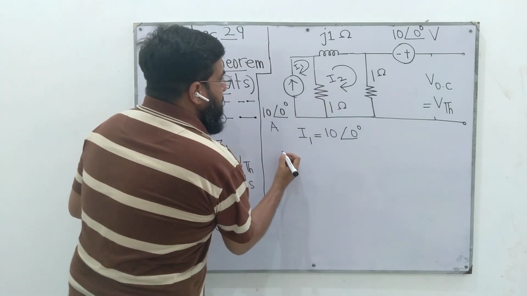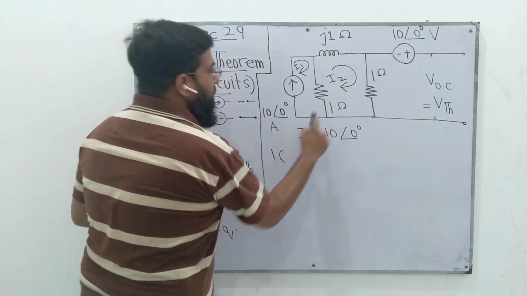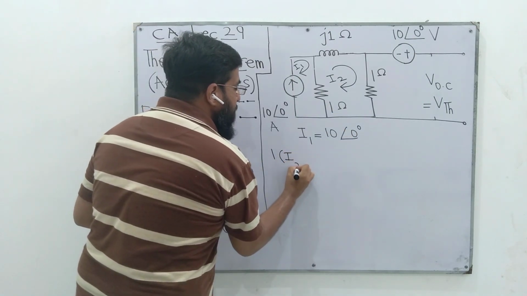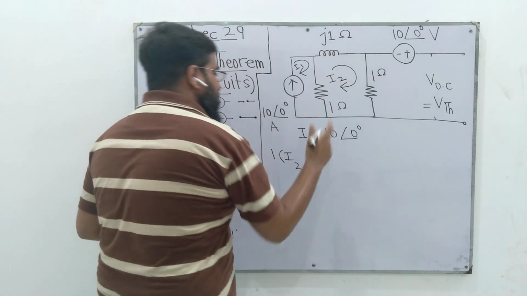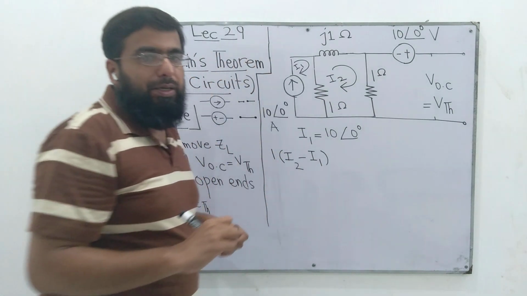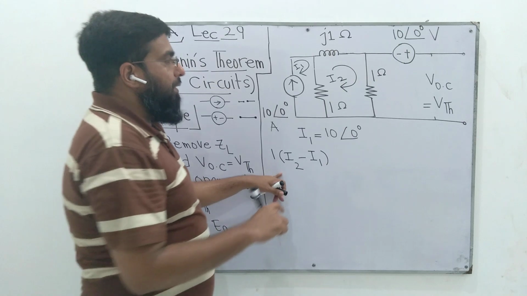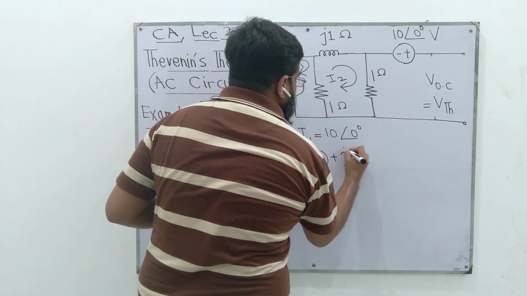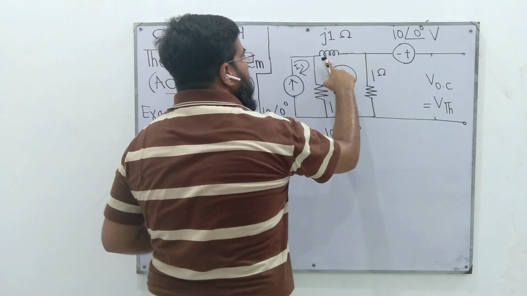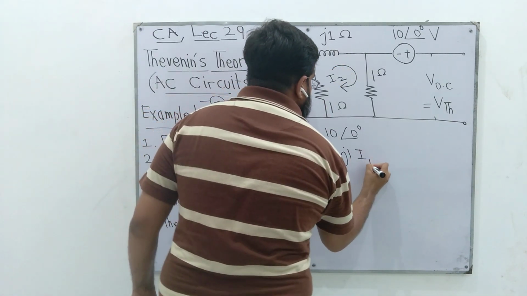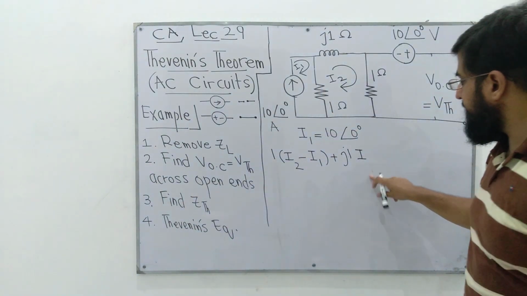And for loop number 2, we'll write KVL equation through this 1 ohm resistor. We have two currents flowing, I2 flowing upwards, I1 flowing downwards. So I1 will be negative because we are in loop number 2. We'll write I2 as positive. Plus J1 through this J1 ohm inductor, we have only one current, I2.